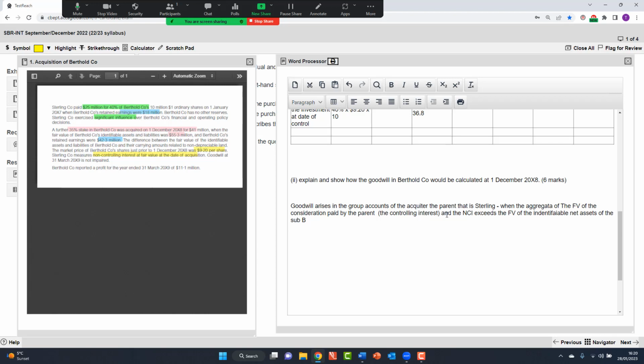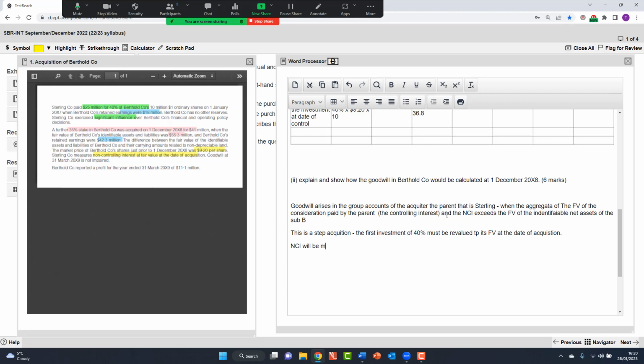Now, very particularly, this is a step acquisition. And because it's a step acquisition, the first investment of 40% must be revalued to its fair value at the date of acquisition. All right. What else do I want to say? Well, we know that NCI has been measured at fair value, so we're explaining how the goodwill will be calculated.